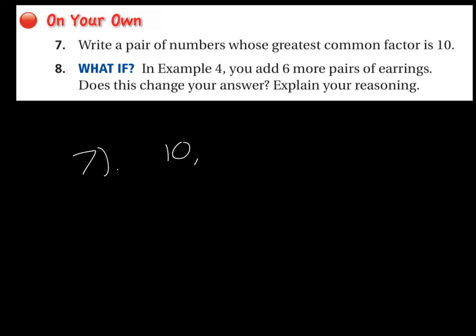So if I say 10 and 50, well, I know that my factors of 10 are going to be 1 and 10, 2 and 5, and that's it. And then if I used 50, I would say 1 and 50, 2 and 25, 3 doesn't go in, 4 doesn't go in, 5 goes in 10 times.